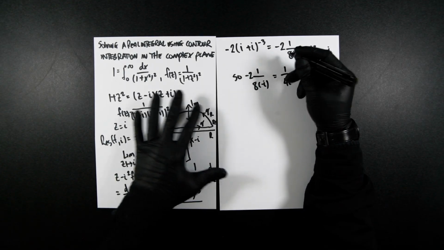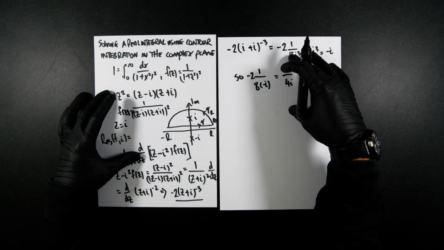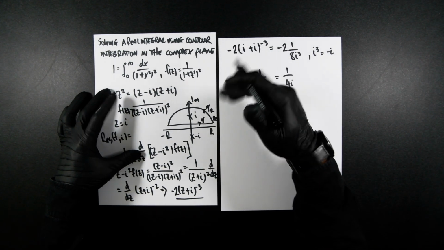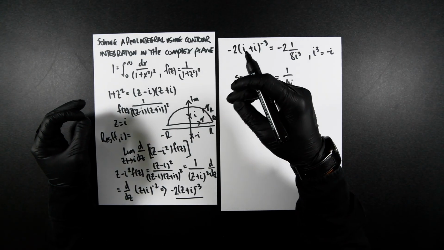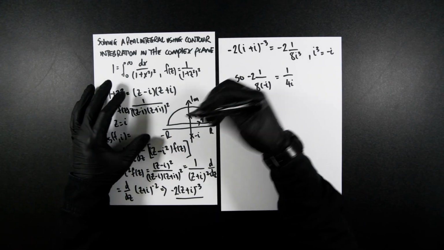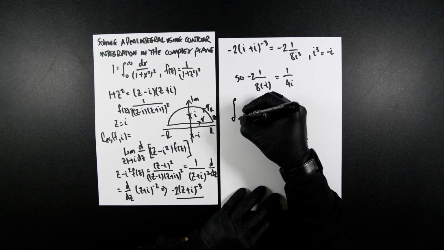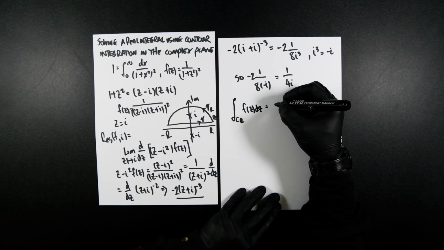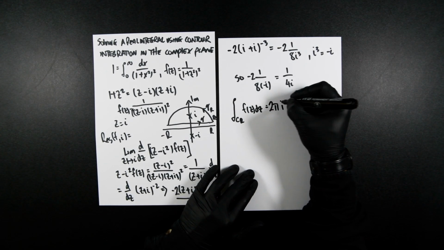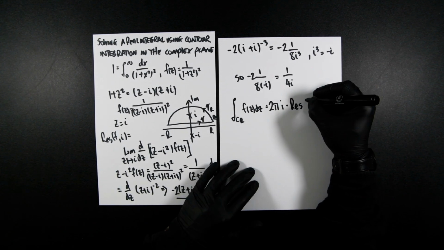So we now use the residue theorem. The contour C R, the semicircle of radius R in the upper half plane plus the real axis from minus R to R, so that's going to be the integral over C R of f of z dz, which is going to be 2 pi i multiplied by the residue we just calculated.